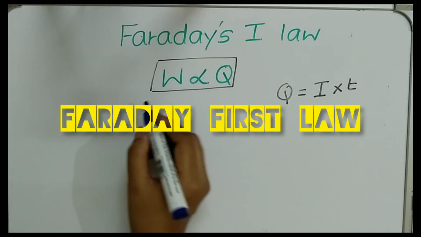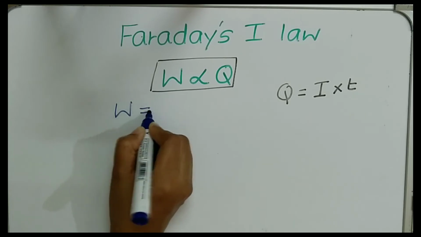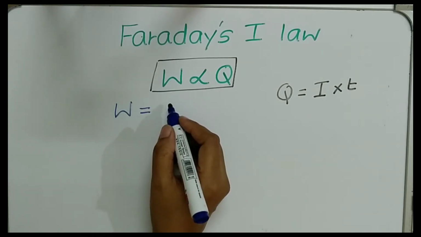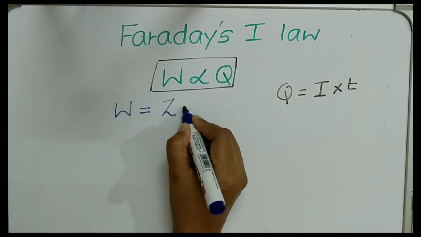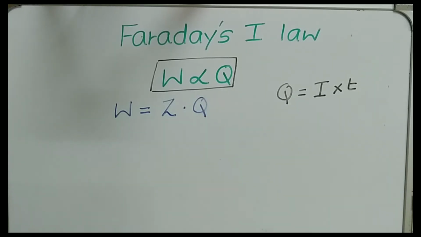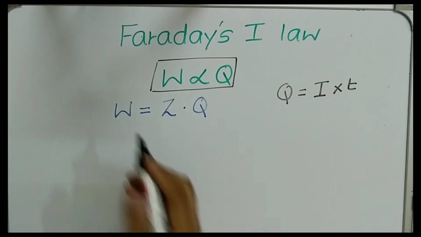Now in this first law equation, W is equal to, I will put a constant here, Z into Q. Just to remove the proportionality sign, I have put Z, which is a constant.